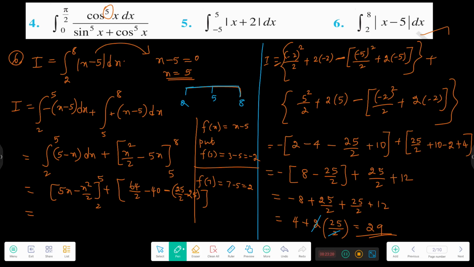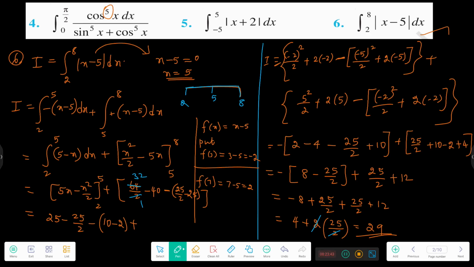Upper limit minus lower limit I have applied. In the same manner here, 5 5s are 25, minus upper limit when I apply, 5 square is 25 divided by 2, minus lower limit. So what I am getting, lower limit: 2 5s are 10, minus 2 square is 4, 4 divided by 2 is 2. Okay, plus. And here you can cancel.